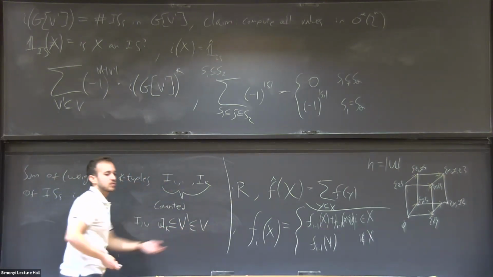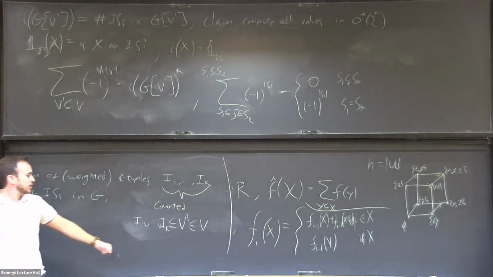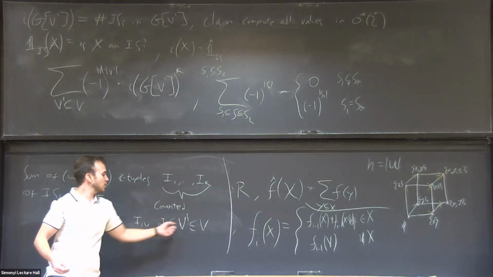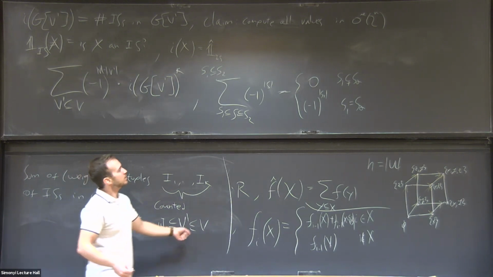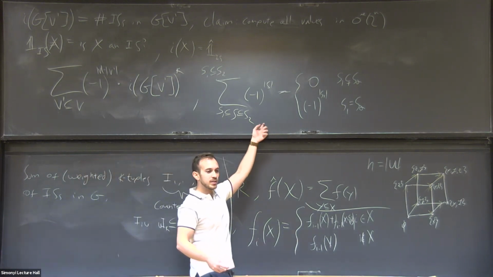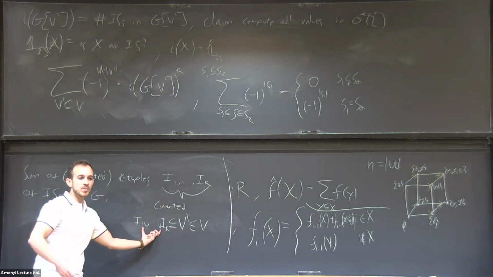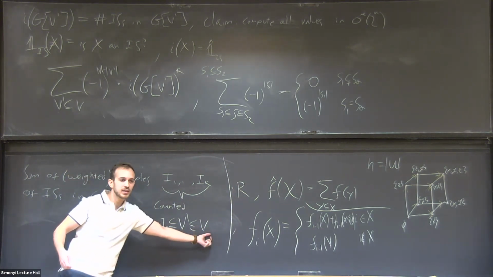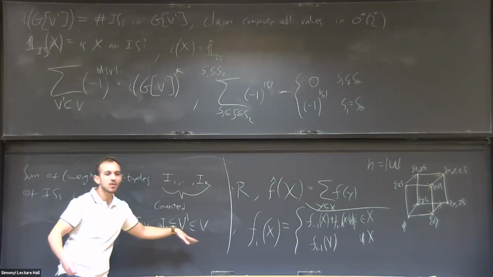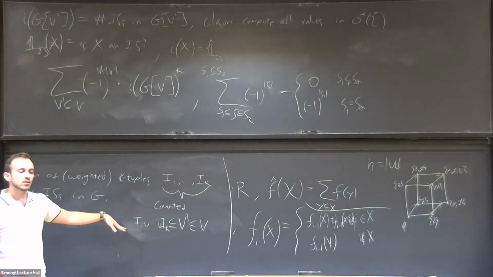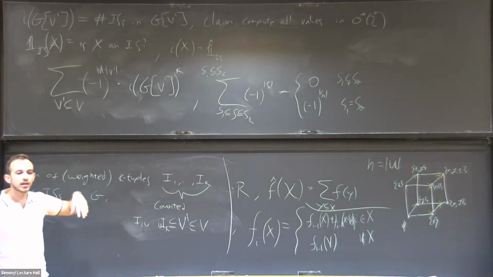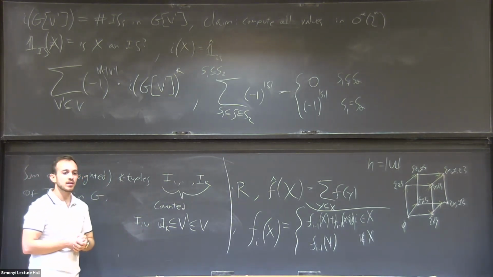So each such K tuple is counted in all of these things, but as we see here, if this union of the independent sets is not exactly my entire vertex set, then they are going to cancel each other, because I will count it with an even sign, the same time as I will count it with an odd sign.